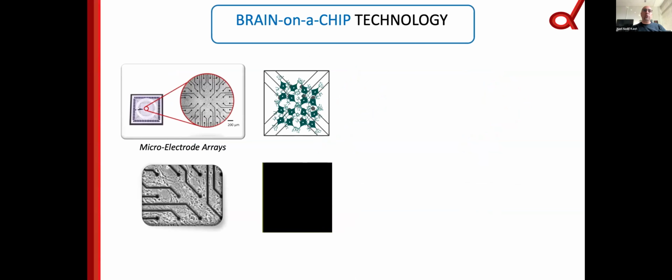So we like to call this technology on-a-chip technology. Probably brain is a bit far-fetched. I mean, at the end, they're just cells, so it's a very reduced system. But what we do is we grow the neurons on a chip that you can see here.